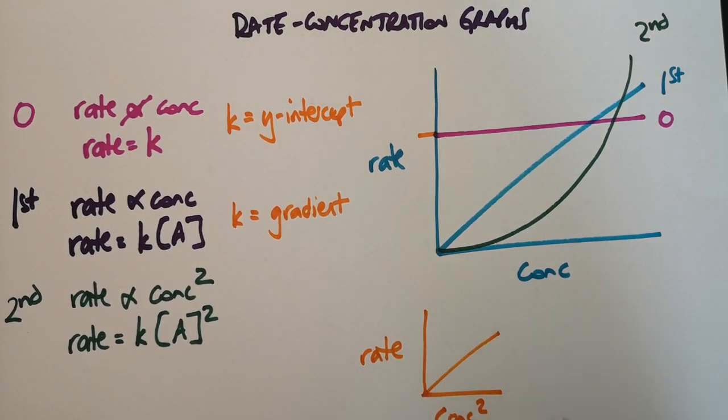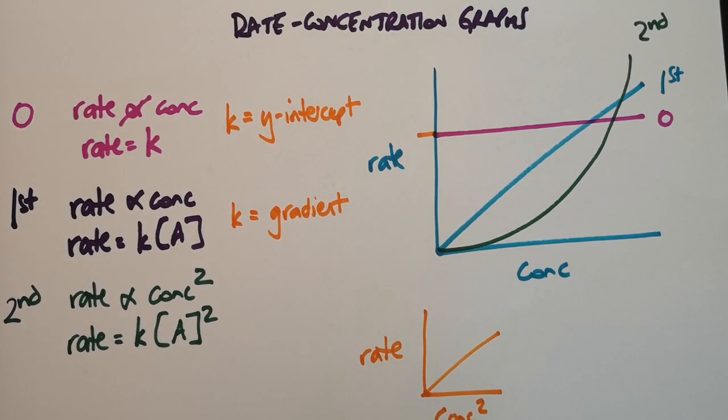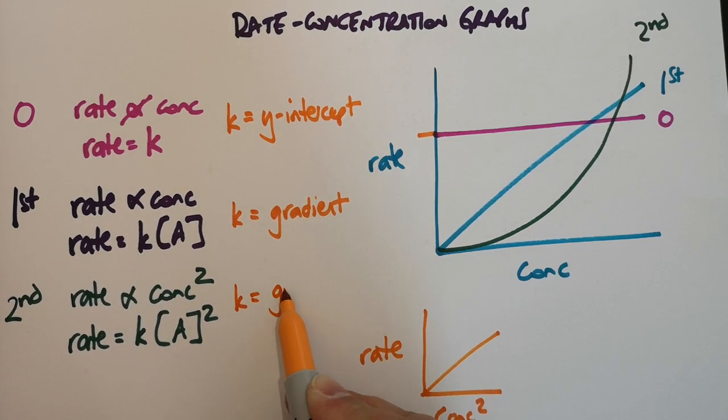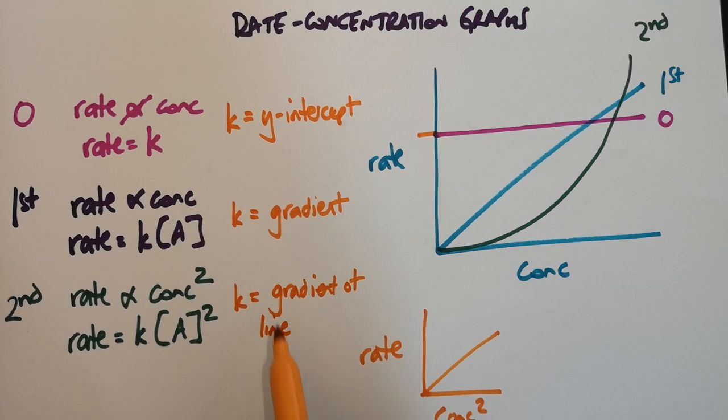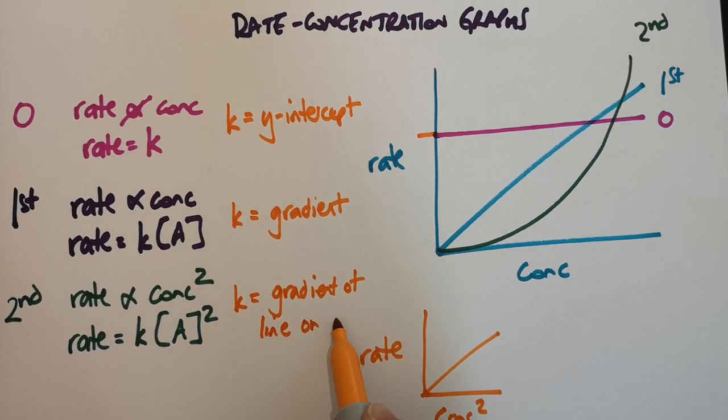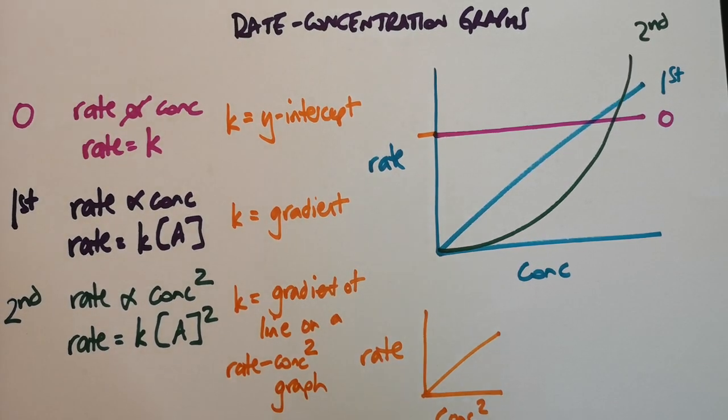And that will give you a straight line. That straight line, if you take the gradient of that, would be the rate constant. So for second order, it's the gradient of the line on a rate against concentration squared graph.